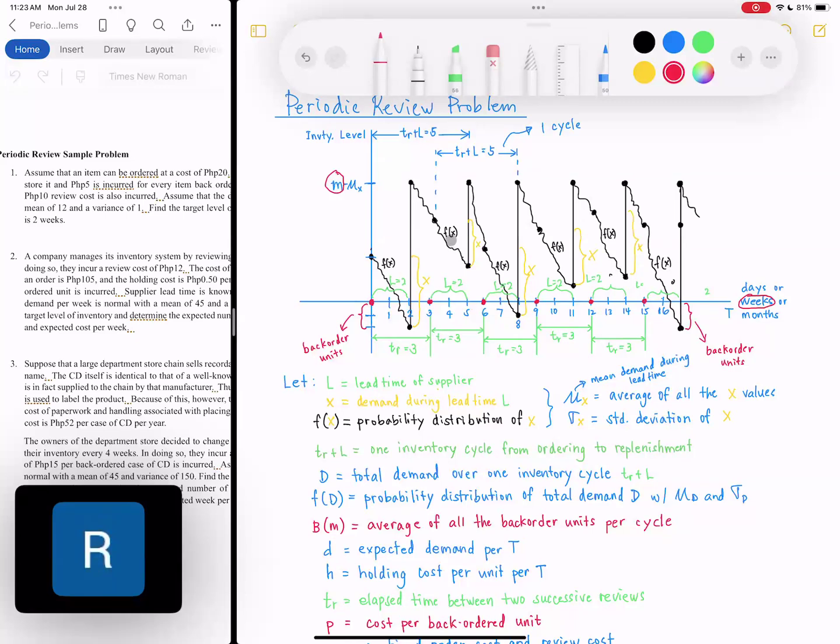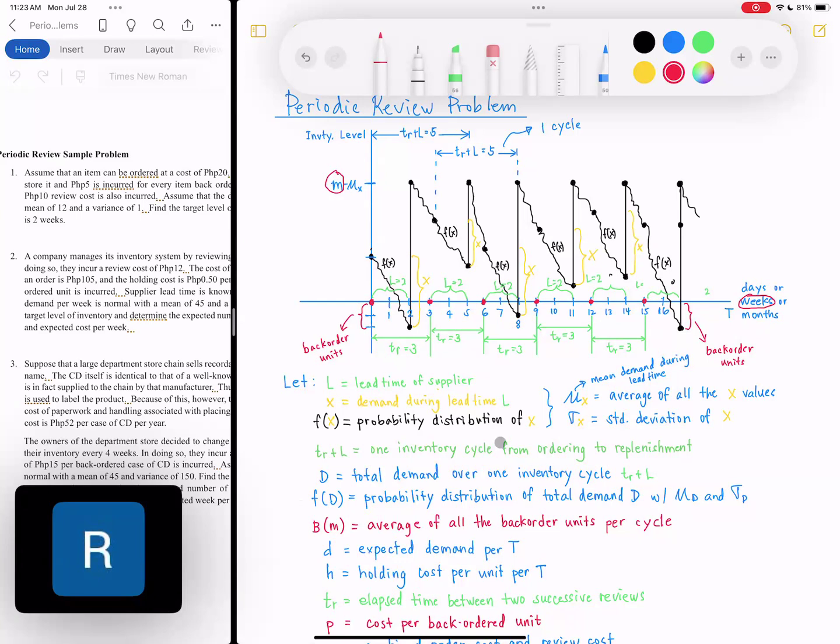Again, every time you have a probability distribution, you will have a mean and standard deviation. So the mean of demand during lead time, or average demand during lead time, and the standard deviation or variance of demand during lead time. Okay, so that is your f of x.